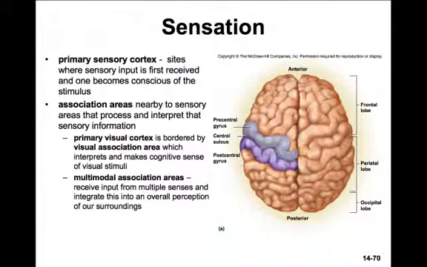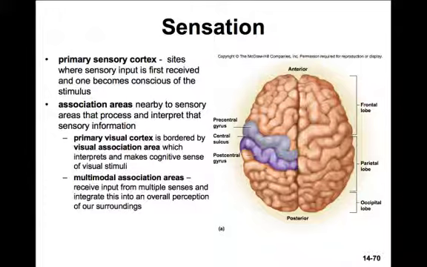And indeed, a great deal of the cerebrum is concerned with sensation. Most of the cortex of the insula and the parietal, occipital, and temporal lobes. The regions that are called the primary sensory cortex are the sites where sensory input is first received and one becomes conscious of the stimulus. Adjacent to these are association areas where the sensory information is interpreted.